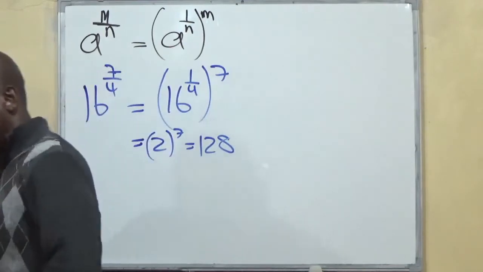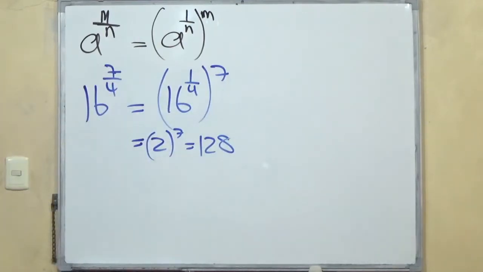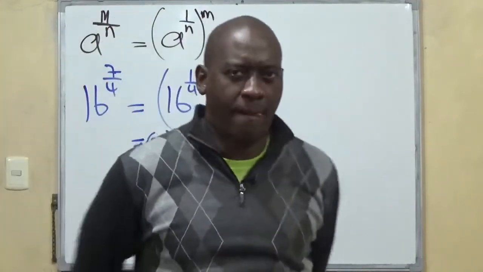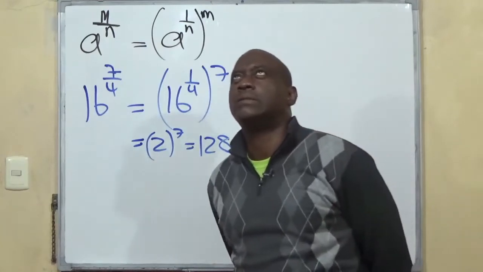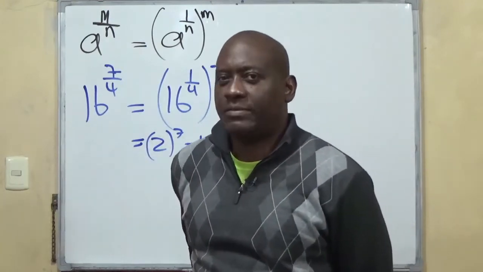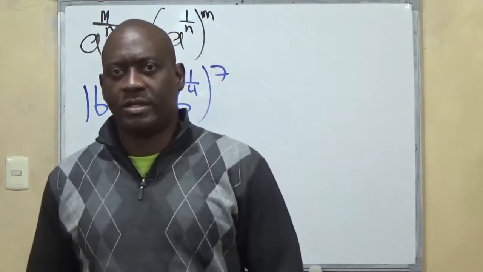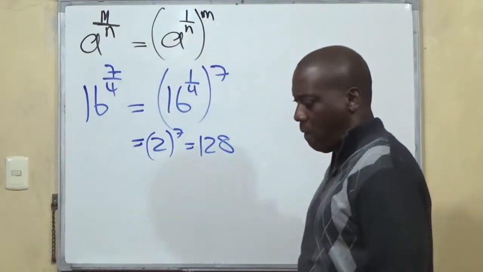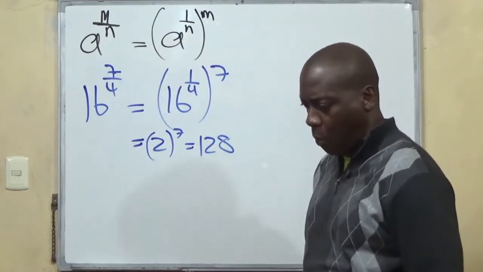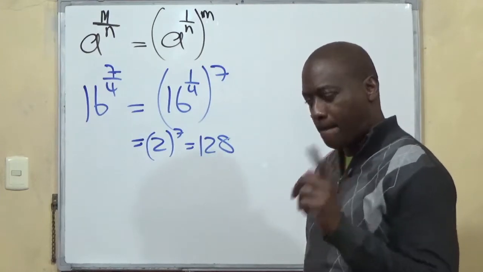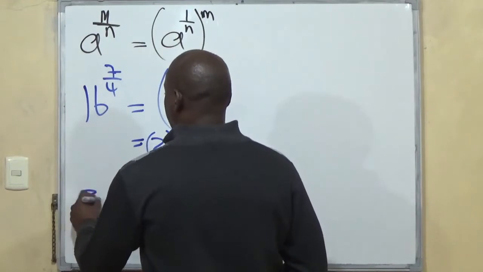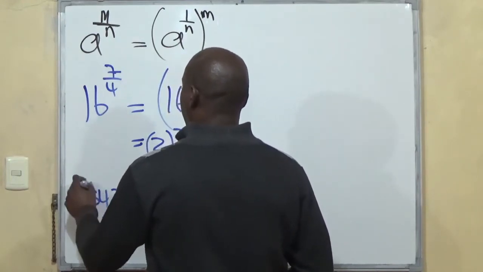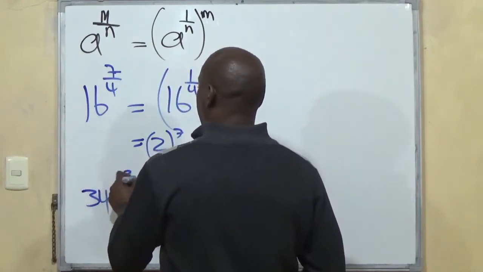Let me choose another example. 7 cubed is 343, right? Let us say I say 343 to the power of 2/3.